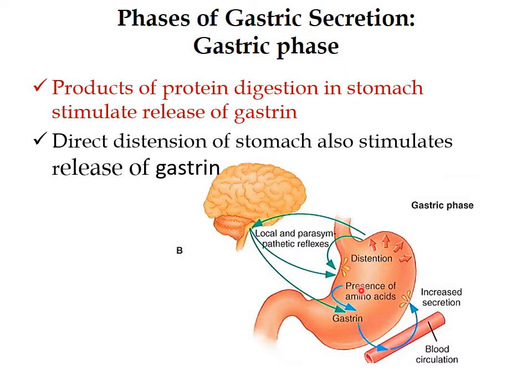What is the hormonal part? The hormonal part is the gastrin, which is released into the bloodstream and causes the gastric secretion, right? But the mechanical distension of the stomach itself brings about a neural mechanism. So a neural component is there.